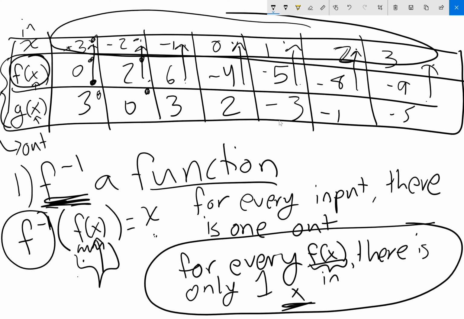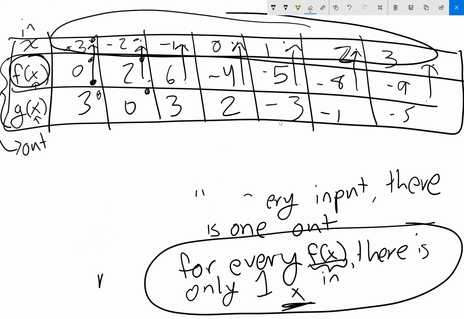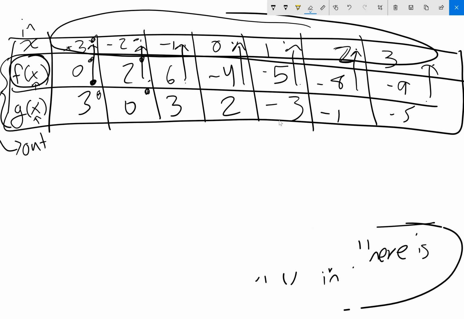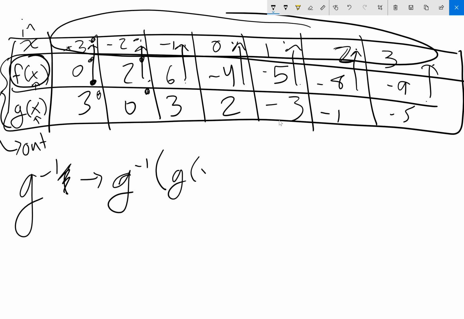Okay, so now let's look at G inverse. So inverse, inside out, flip the outputs and the inputs. Okay, so is G inverse a function? If it was, then you can think of it as our input is G of x and our output is x, because this is the output of our original function and this is the input of our original function.